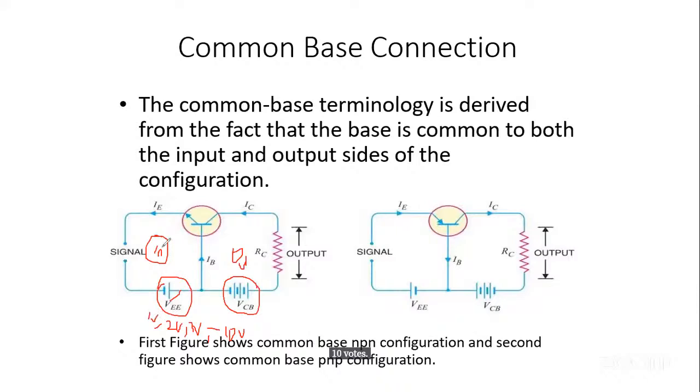When it's 1 volt, IE will give me a value, and the value I'll get for IC will be known. Then if I replace 1 volt with 2 volts, I'll get another value for IE and another value for IC. If I replace 2 volts with 3 volts, I'll get another value for IE and another value for IC.